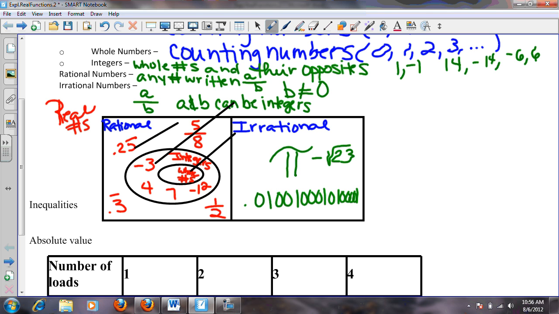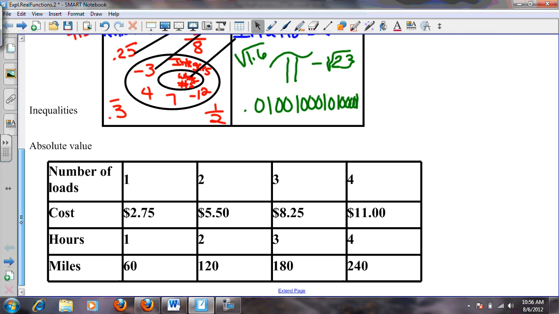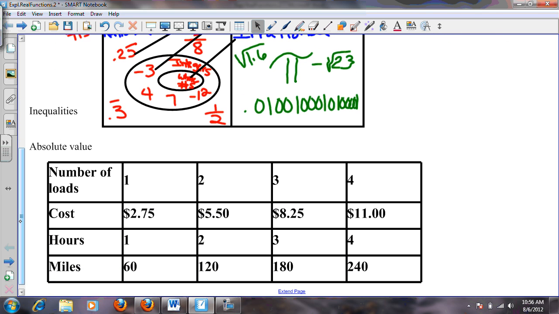You are not able to get a whole number or an integer as a result. They are irrational numbers. In your textbook, it talks about counterexamples. You'll remember from last year we talked about counterexamples being when you can prove something wrong. If you can prove that a whole number could also be an irrational number, then that would be a counterexample to having the two different.